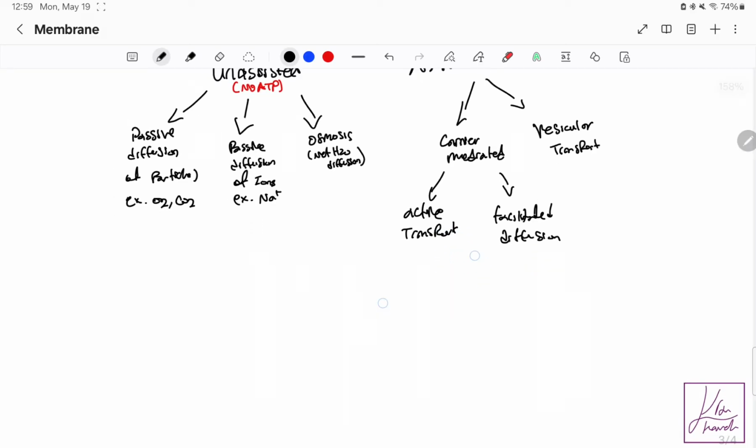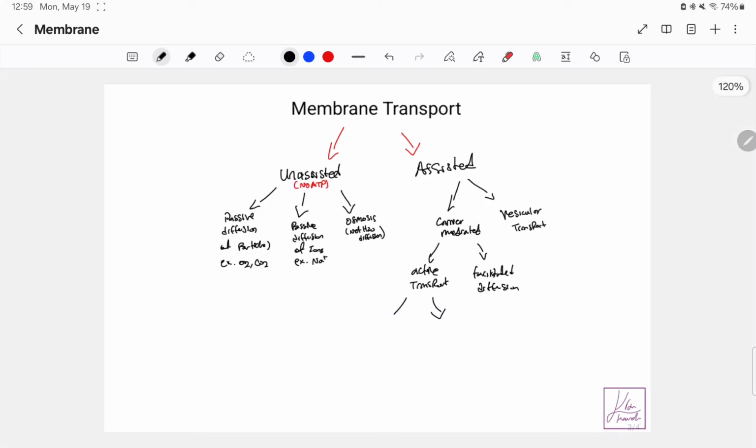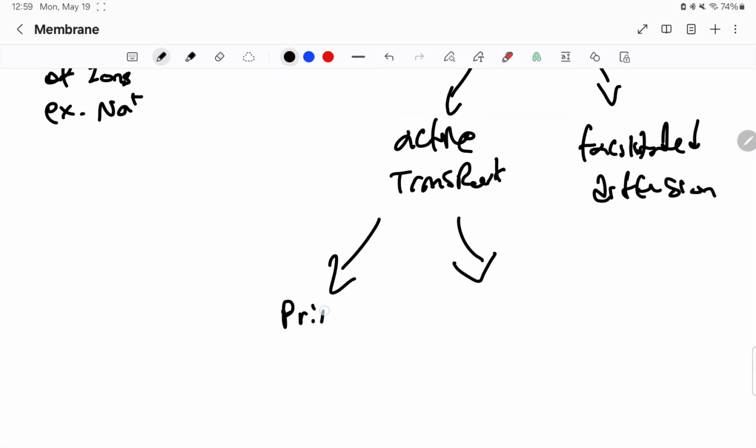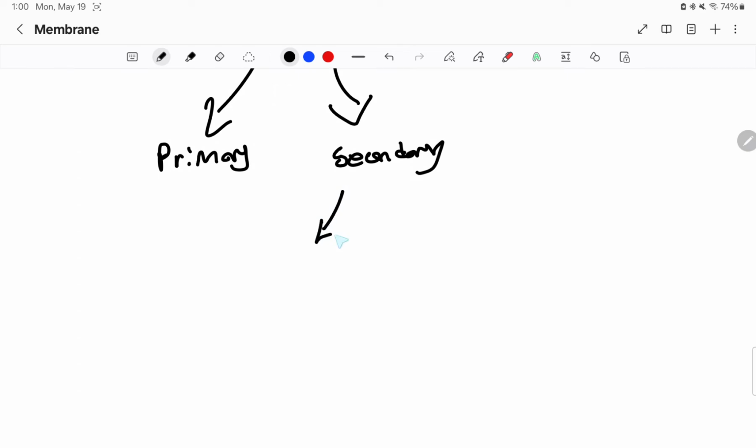Now, you can split active transport into two different mechanisms: one called primary active, and the other called secondary active. And I apologize for this, but you can actually split secondary into two types as well: antiport and symport.